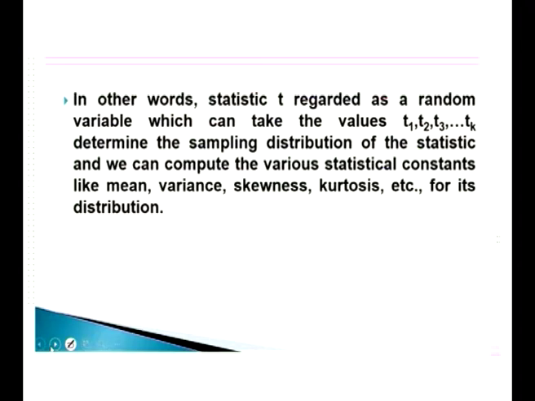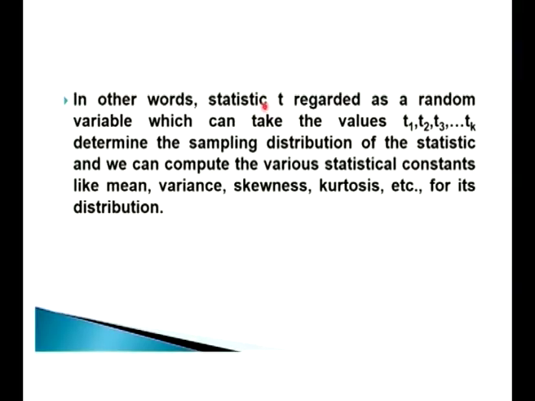Just recall, in binomial distribution, the random variable x will be taking the values 0, 1, 2, 3, etc. up to n. When we discussed binomial distribution, it was about x successes out of n trials, where x takes the values 0, 1, 2, 3, etc. up to n; it is countable.